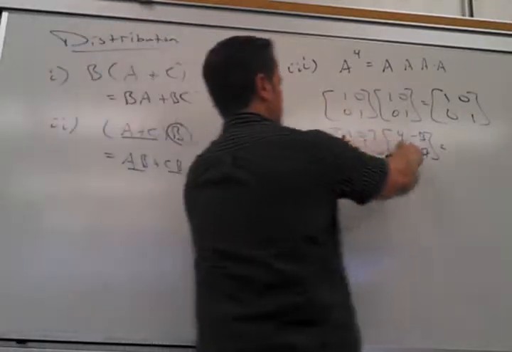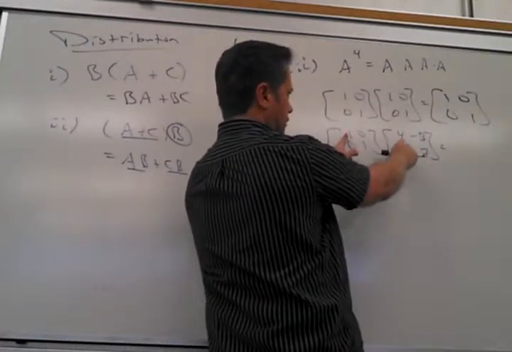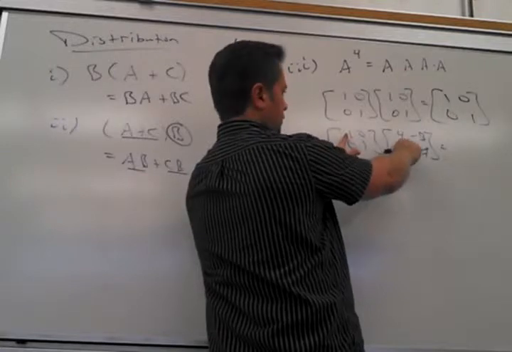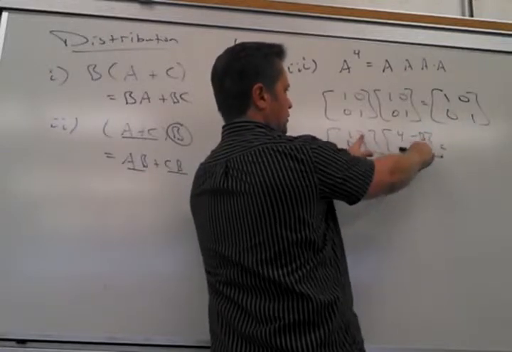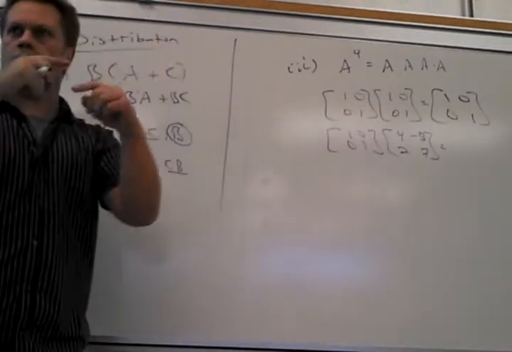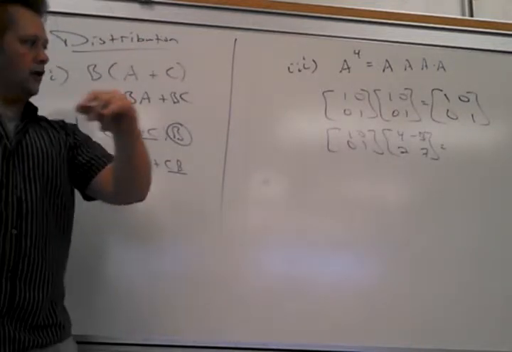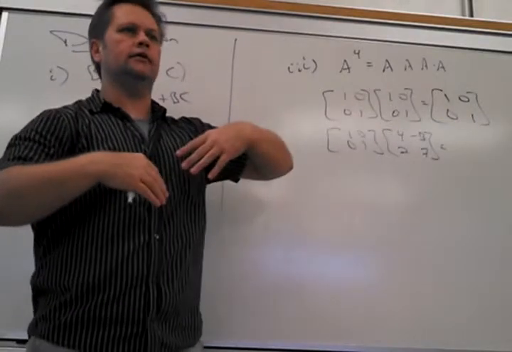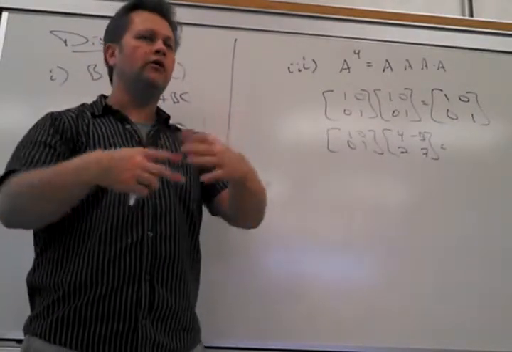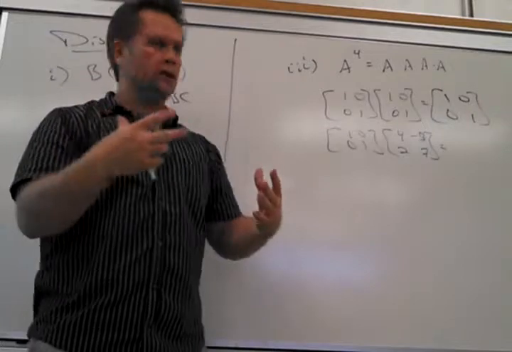In fact, if you check it, you get 4, because the 0 doesn't add anything to the 4. And then the negative 3 times 0 doesn't add anything to the negative 3, and so forth. You can see how that works. Let that sink in. So we said the other day that that 1 down the diagonal is called the identity matrix. It's the equivalent of 1 in matrix speak.